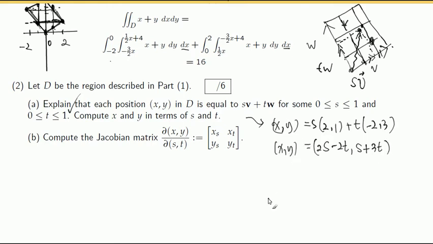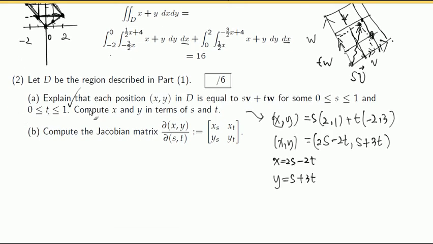So we manage that every position in here is described as x equals 2s minus 2t, y equals s plus 3t, while s and t vary from 0 to 1. Okay? So x is that, and y is s plus 3t. Okay? And s varies from 0 to 1.